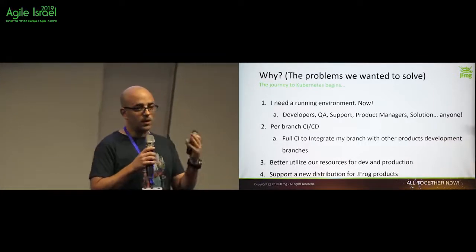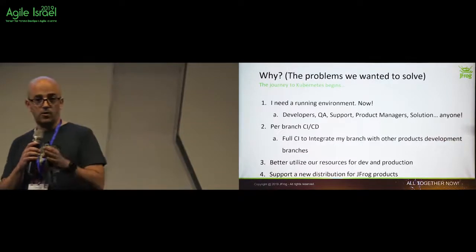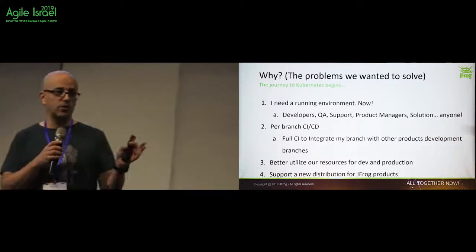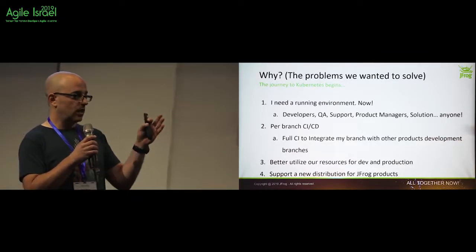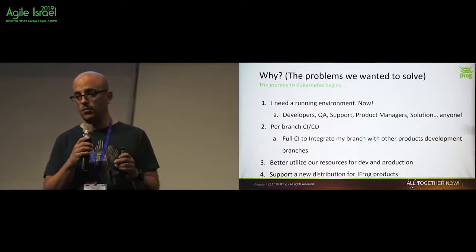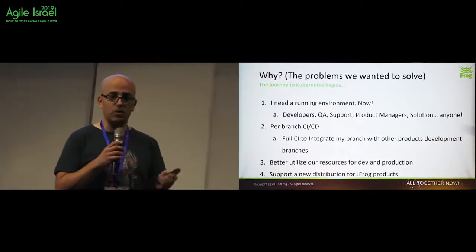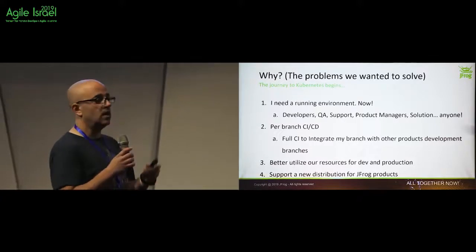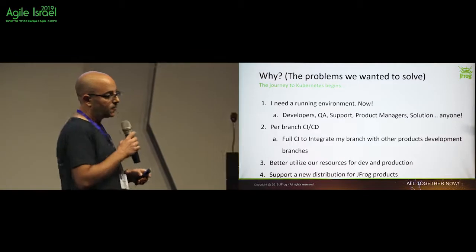We wanted to speed up and improve the CI/CD process per branch. Every developer works on their branch, and they need to take their branch through the whole CI and CD process to make sure that before they merge it into our master or our release branch, it has passed all of the required tests and quality gates.